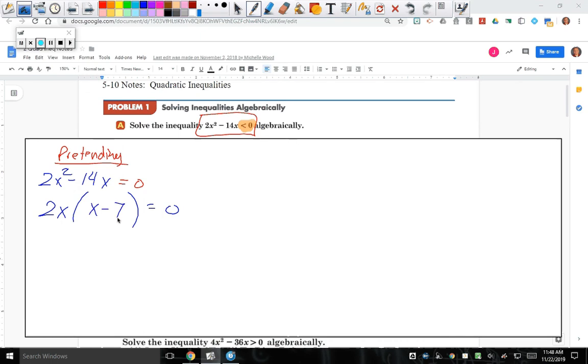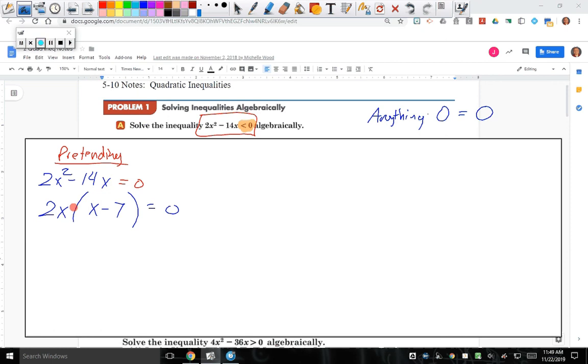And the reason why I wanted to pretend on this is because anything times 0 will always equal what? 0. The only thing that doesn't work with is infinity. But you don't learn that until you go to calculus.